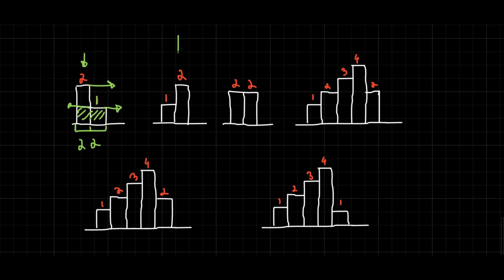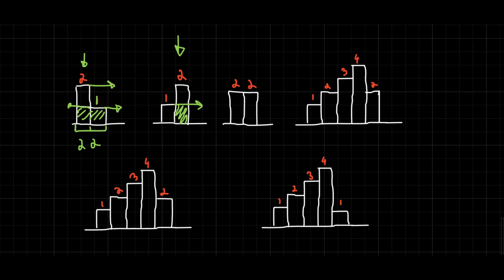Now let's look at these scenarios. Here the bars are increasing gradually. So here we can extend the bar 1 to the right side because it has the necessary support from the second bar.